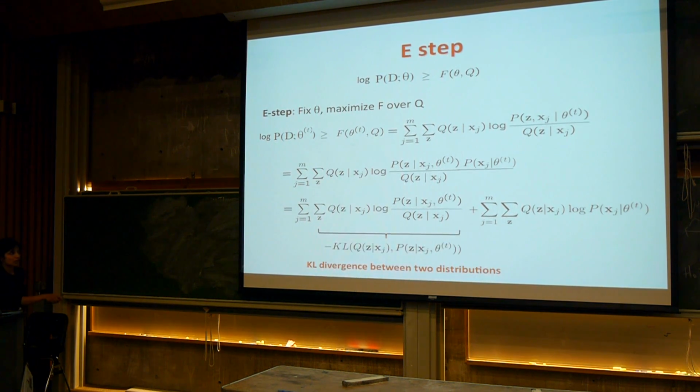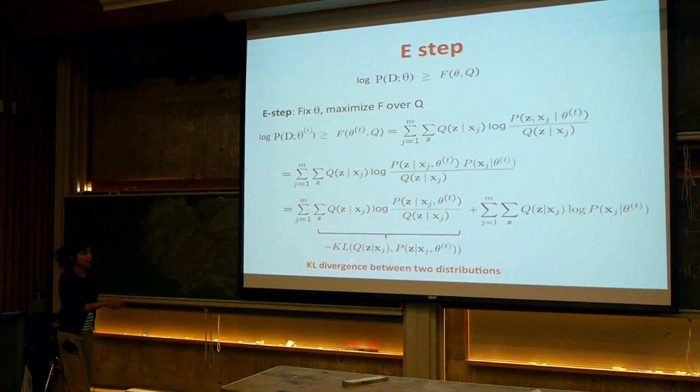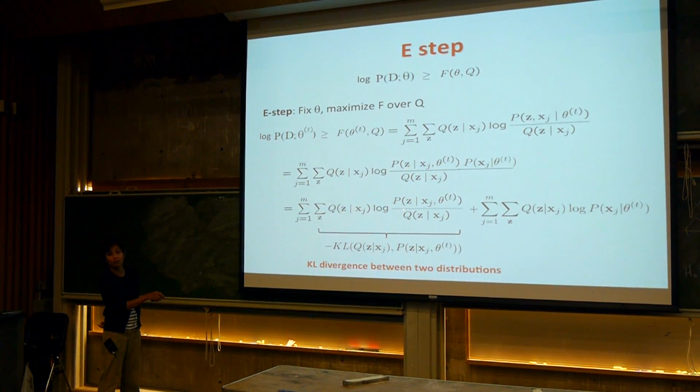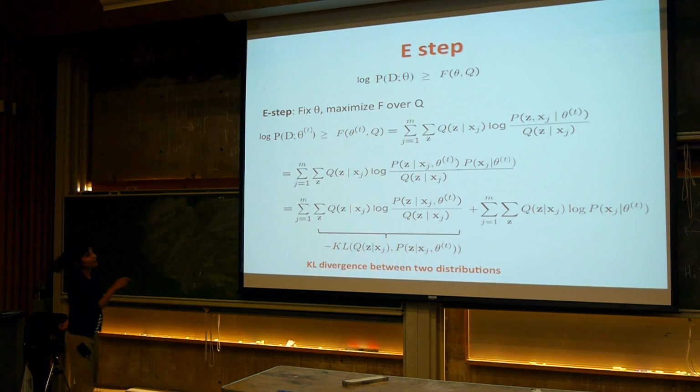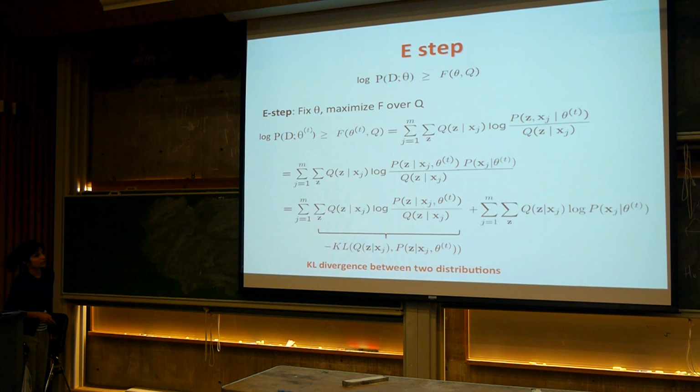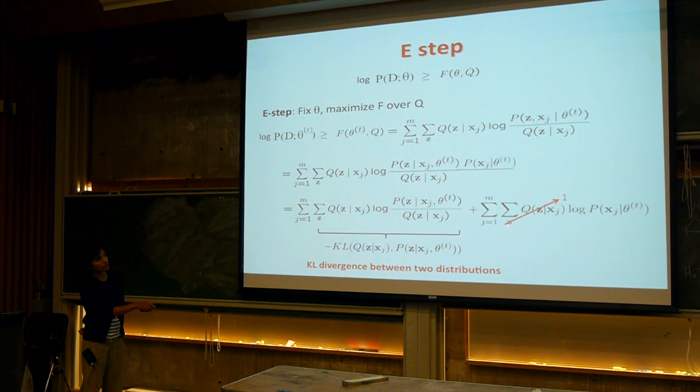And you'll see that this first term, if you have encountered it before, is actually the KL divergence between the two distributions, P of Z given X and this Q distribution we defined. So this expression is exactly the KL divergence between these two distributions, or the negative of that actually. And in the second term, the only thing that depends on z is just this q.